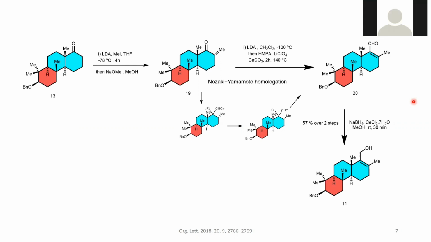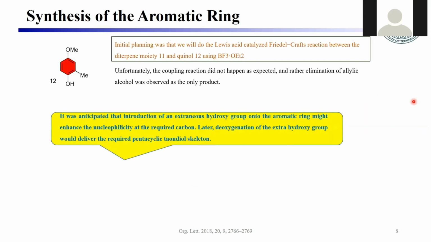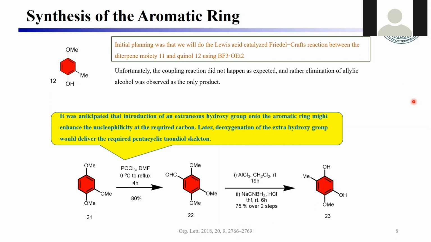Can you open the next slide? Yes, sir. In the second step, we have used AlCl3 in CH2Cl2. It will demethylate the ortho-OMe group but not the meta-OMe group. Actually, I read a research article on demethylation using aluminum chloride.